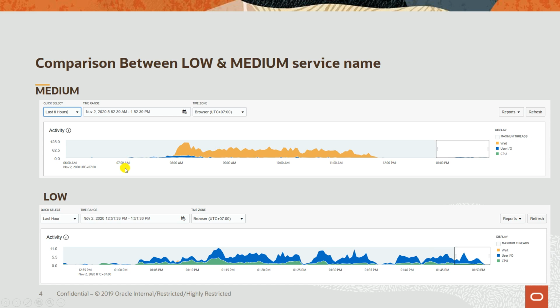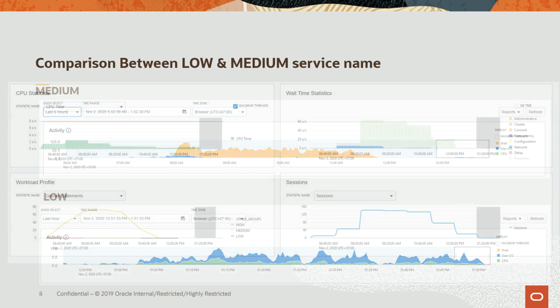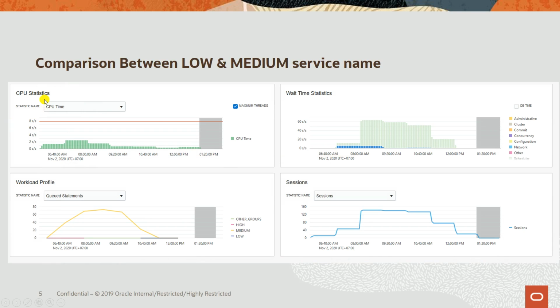And then we changed the service name to low, and you see there is no wait activity in the system. And when we compare the different metrics, you can see the CPU statistics and wait time statistics changed a lot.